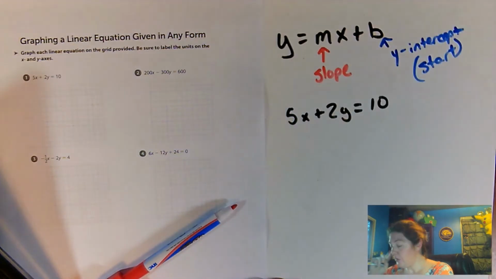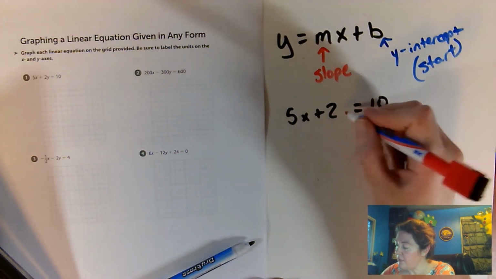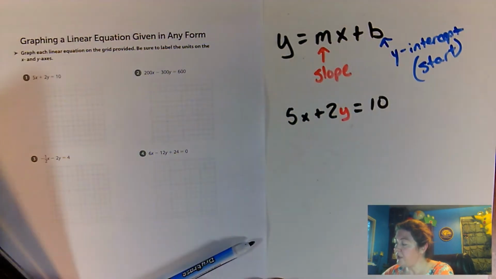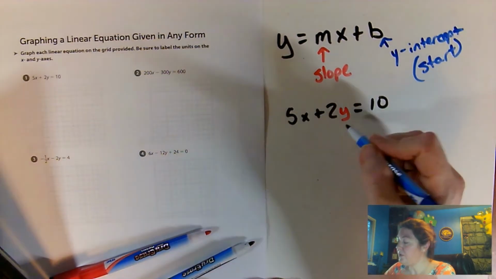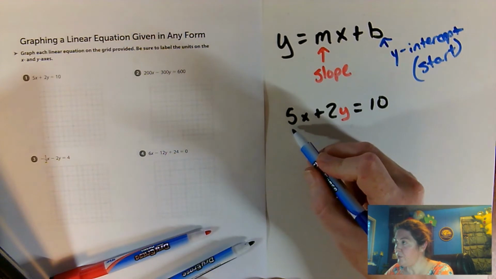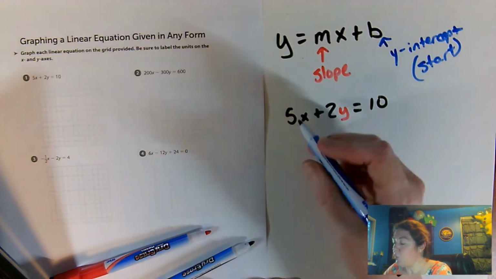Okay, so what I'm trying to do, I want to get Mr. Y over here by himself. He's got to be completely by himself. So the first thing I'm going to do is move 5x. I'm going to move 5x as one unit.